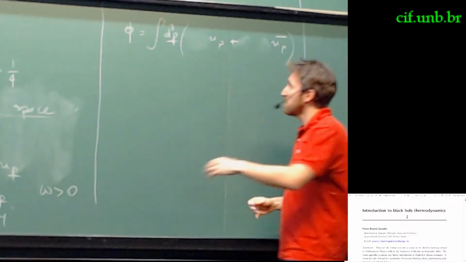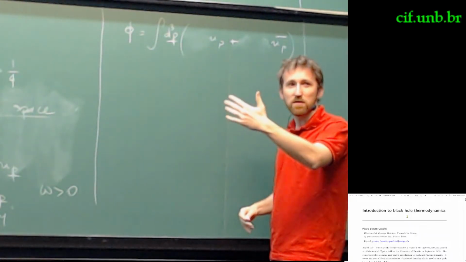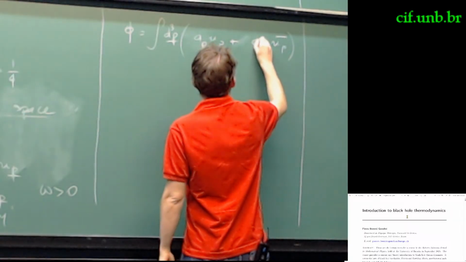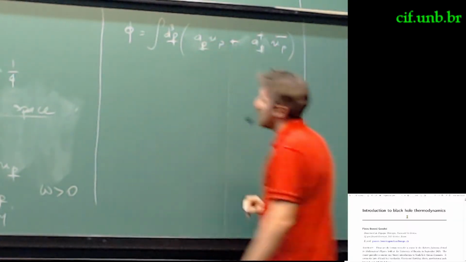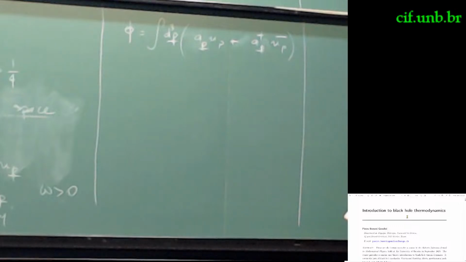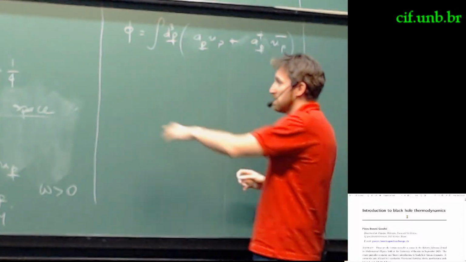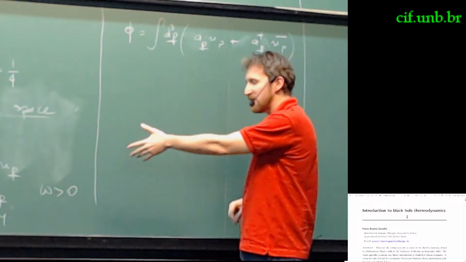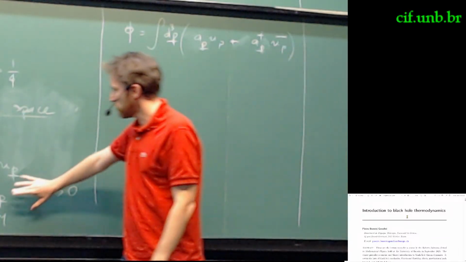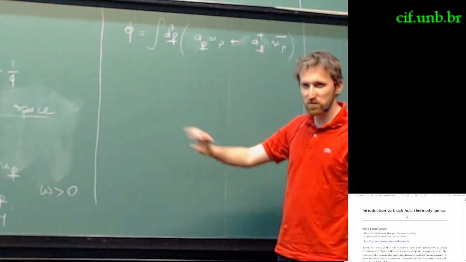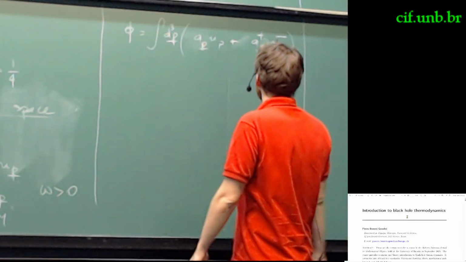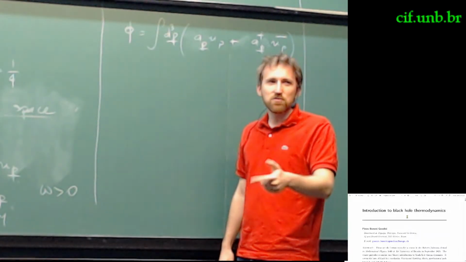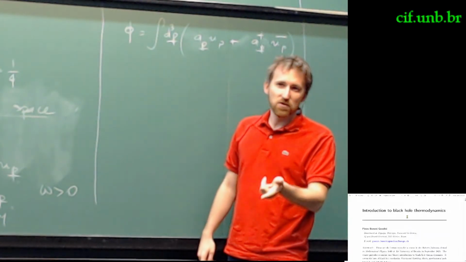So I take phi into an operator, and I call the coefficients annihilation and creation operators. Because of the Klein-Gordon inner product that you put on the space of positive frequency solutions to the Klein-Gordon equation, together with the canonical commutation relation that you impose on phi and its canonical conjugate.